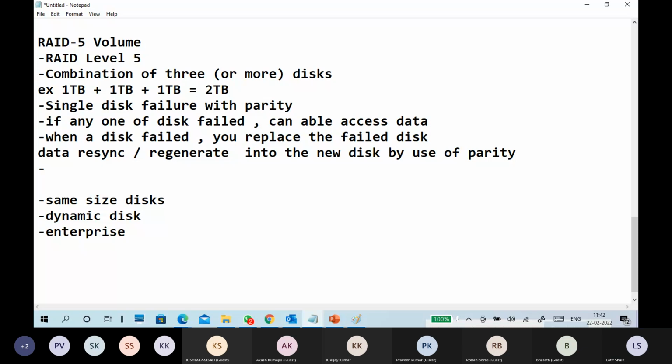In case you take 3 disks, out of 3 disks we get 2 disk volume size only.